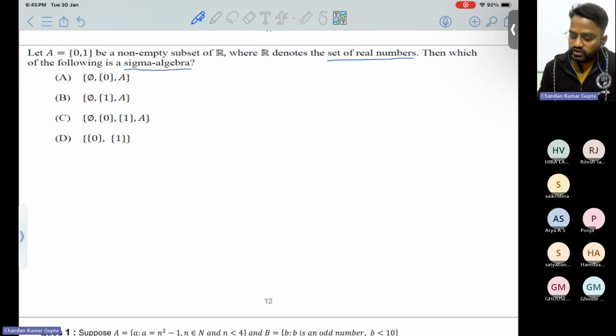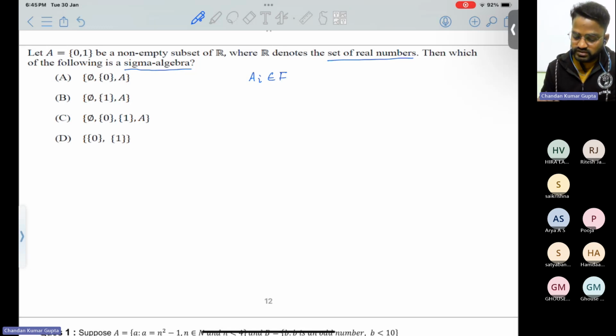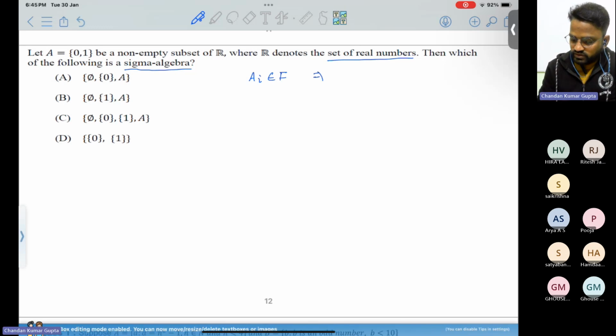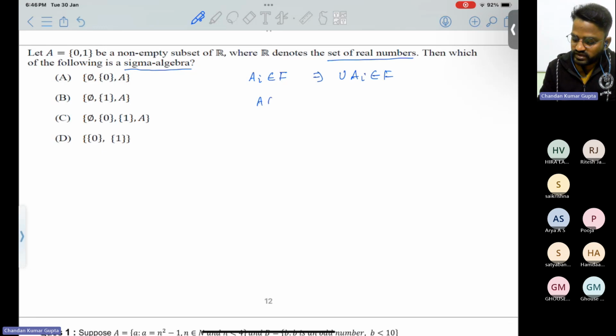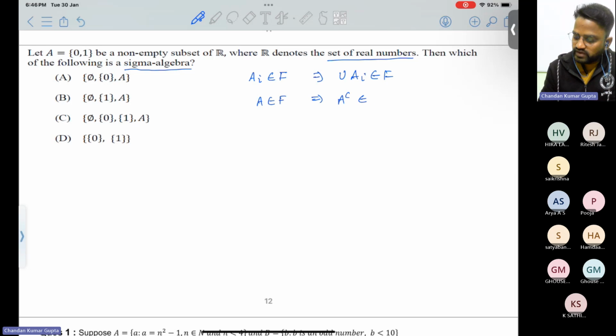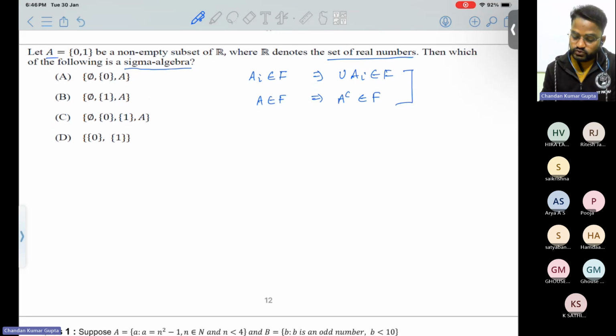It has two properties, no? If Ai belongs to F, where F is a sigma algebra, then the union of Ai also belongs to F. And the second one is, if A belongs to F, this implies A complement belongs to F. These two properties should be satisfied for F to be a sigma algebra.